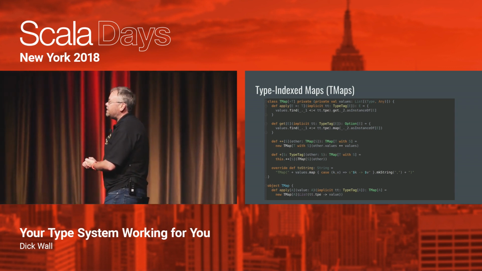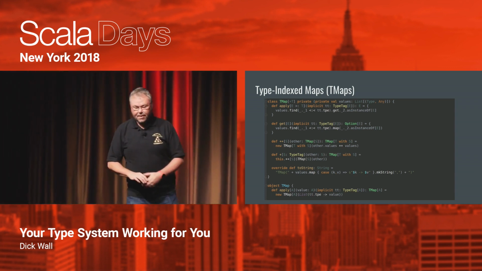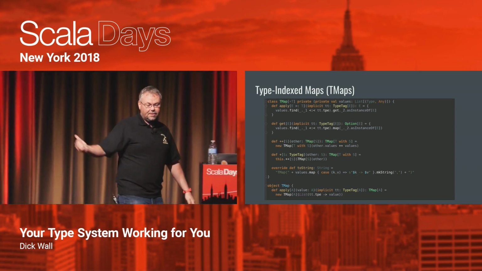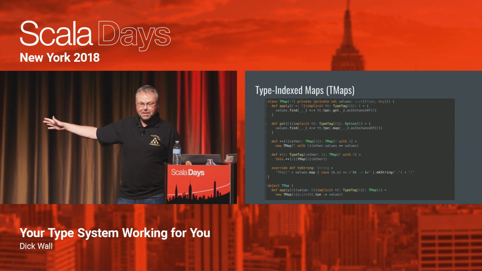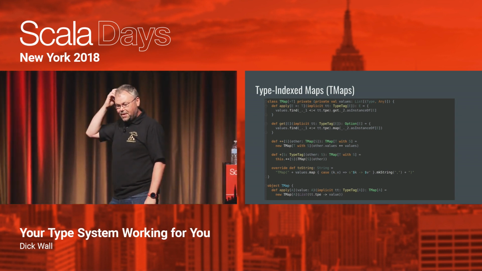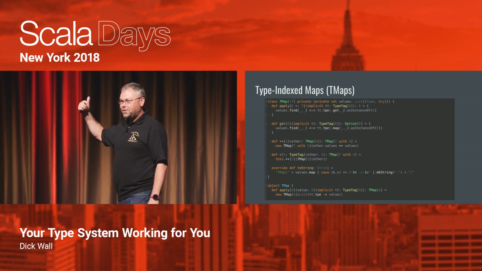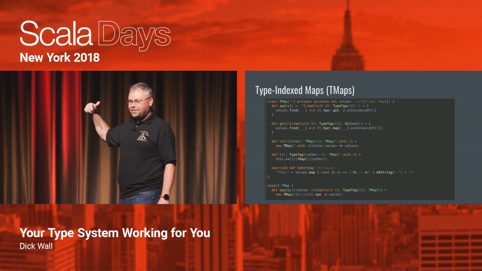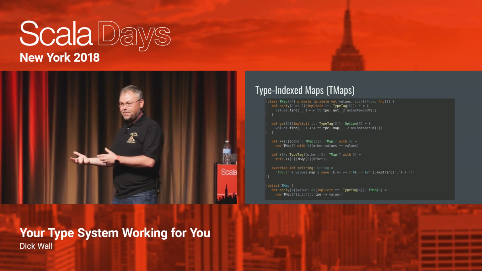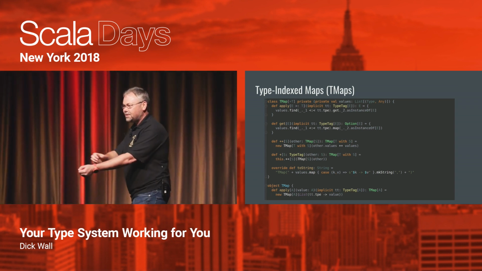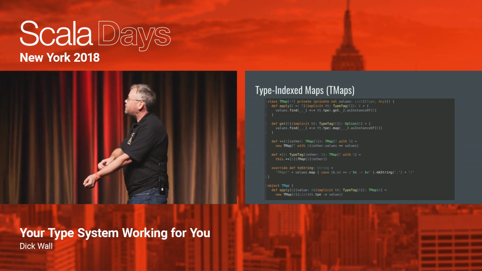The difference here is that the keys in the map are types, and they're type tagged. Type tags are not a part of this, although I'm happy to go into them another time when there's more time, but they are effectively a conversation between the compiler and the runtime. It's a bundle of stuff that the compiler knows about the type that you're talking about, shoved into the runtime so that you can examine it, okay?